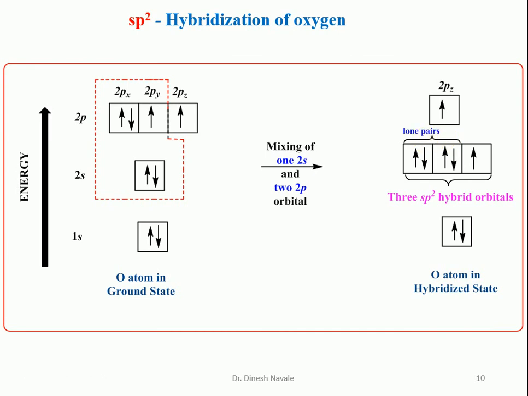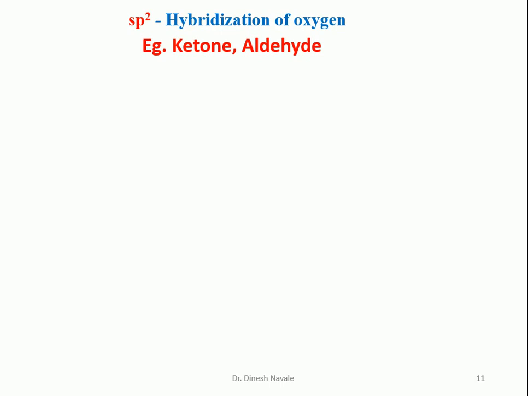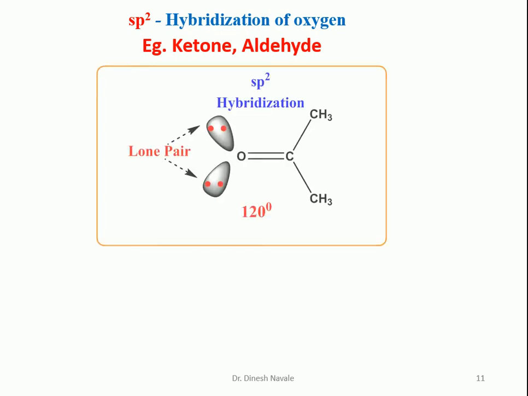But during the same sp2 hybridization, the 2pz orbital remains unhybridized. It does not take part in the hybridization. That unhybridized orbital will be responsible for the geometry, giving sp2 hybridization with trigonal planar geometry.